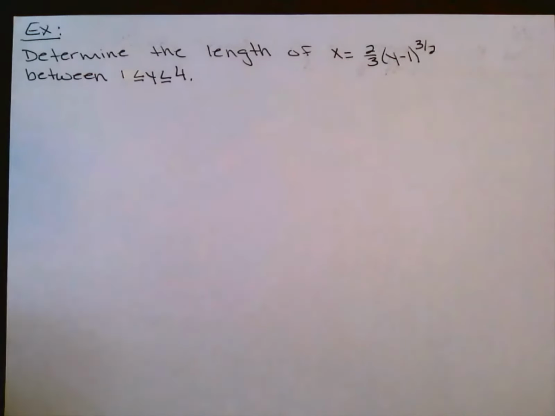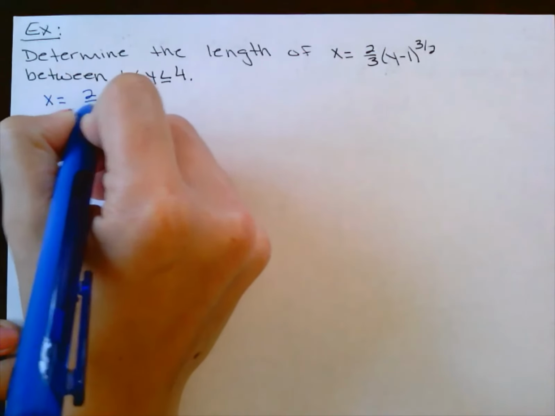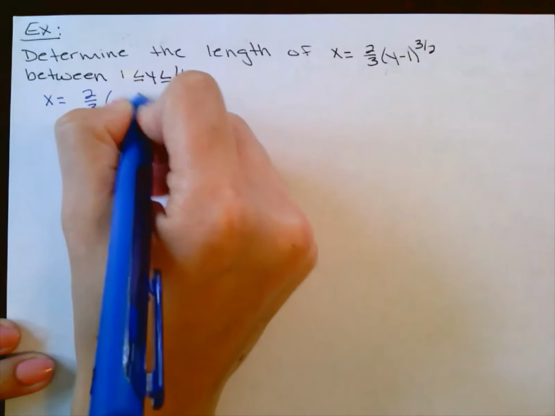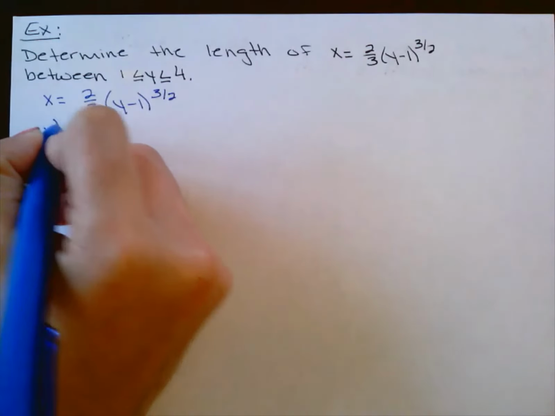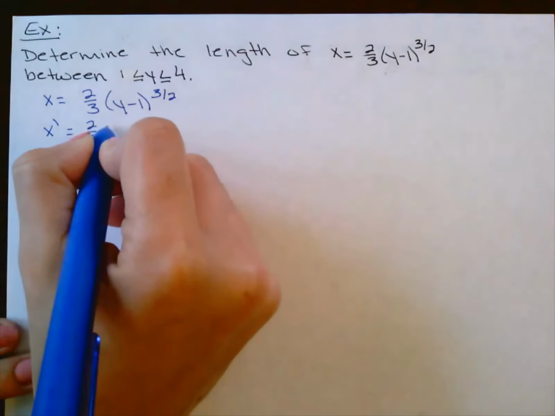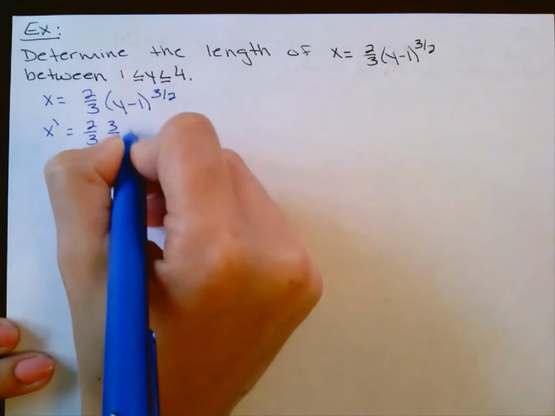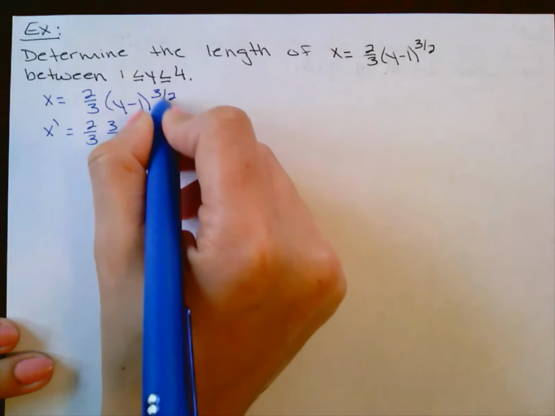So if the formula makes me do the derivative of the function, I'm going to take a minute and solve that. If this is x, the derivative, so x prime, I would multiply that exponent to the front, 3 over 2, rewrite the inside, and then subtract 1 from here.